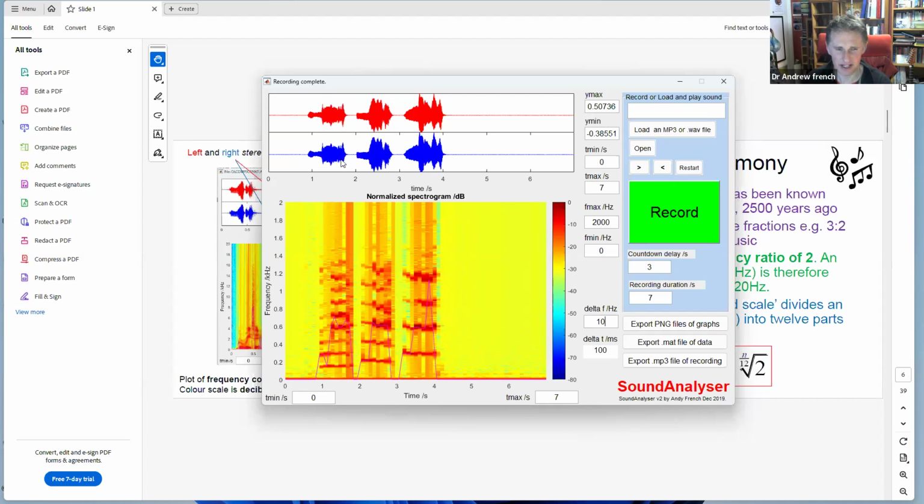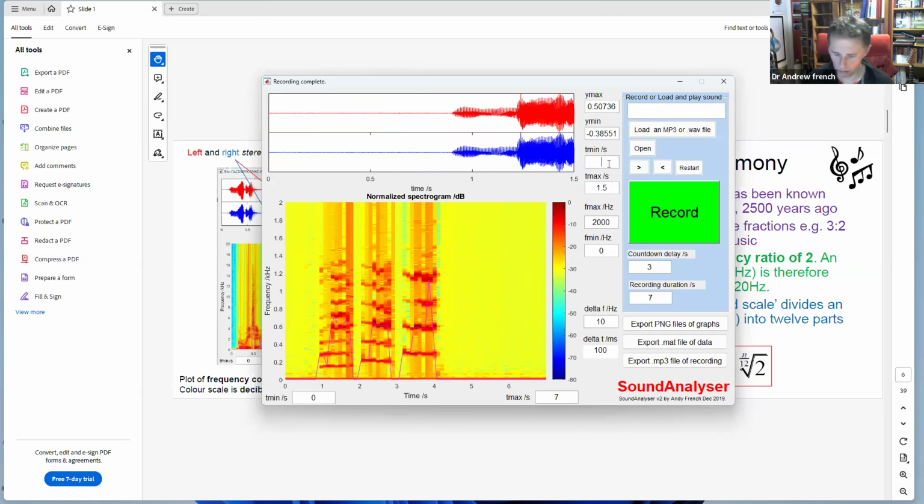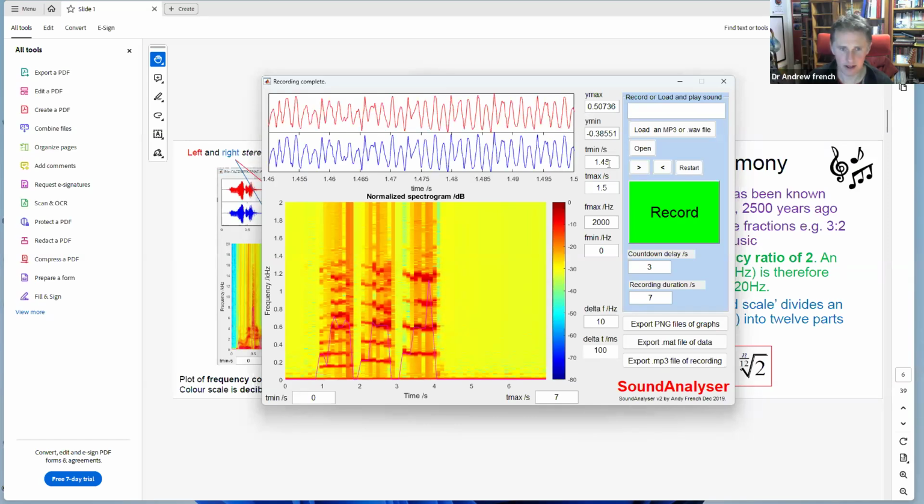Remember, I'm getting 44,000 data points per second. So every 100 milliseconds, I work that out as a sum of this little signal. Let's zoom in so we can see. If I go to 1.45, okay, we've got a signal here.